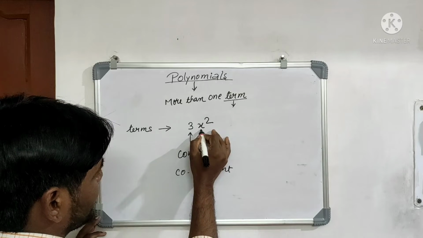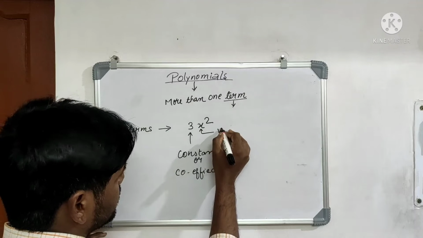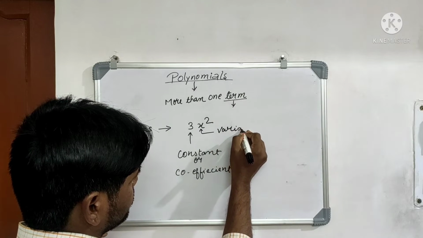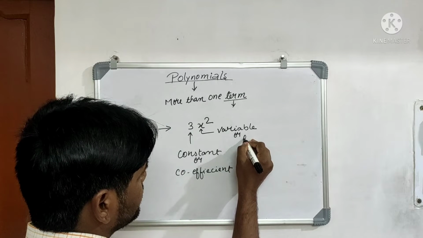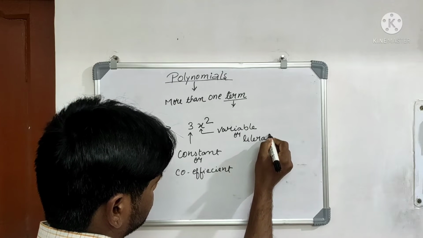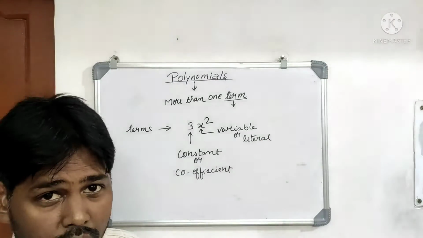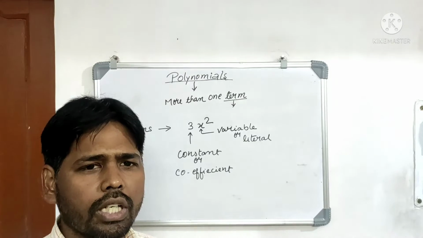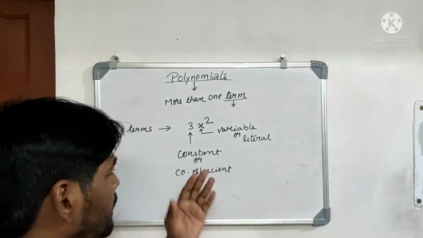Now the second part, which looks like a variable, is a variable, and it is also known as a literal. These variables and literals are values which keep on changing in the equation, depending upon the values assigned to them.